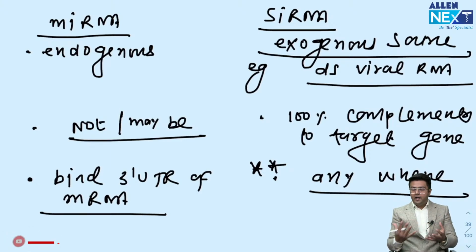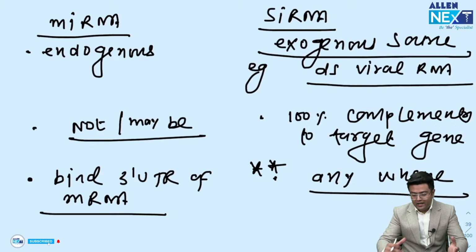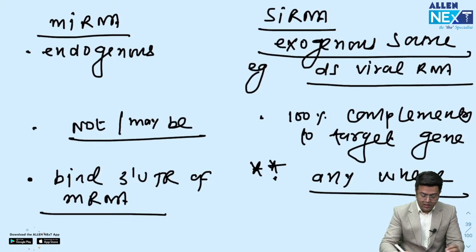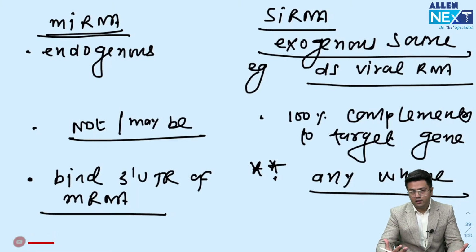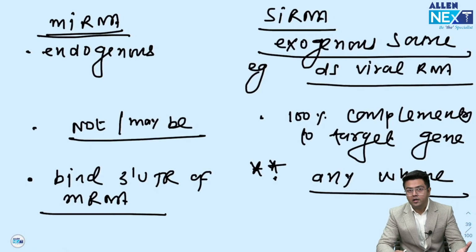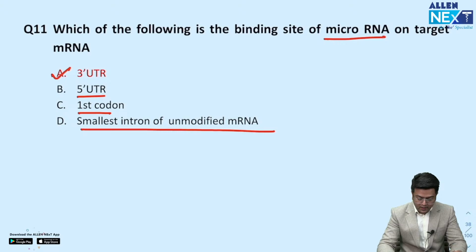The viral RNA itself gave rise to siRNA, and this siRNA goes and binds to the viral genes and degrades them. That is how it acts against the viruses. But microRNA is not acting against our body itself. It is controlling our gene expression. You got my point, guys? So that is your gene knockdown.